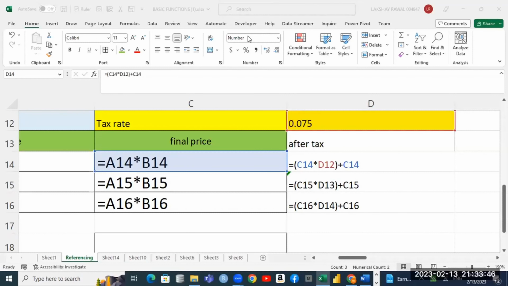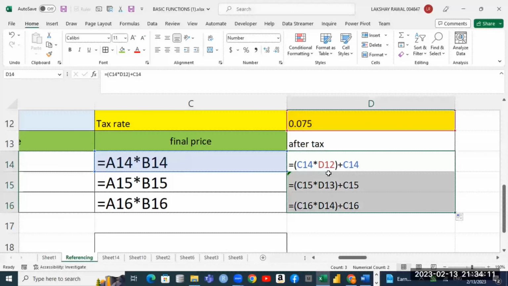So you have to think, everybody, what about others? We need to lock the cell. So now the concept of freezing, or referencing, comes.